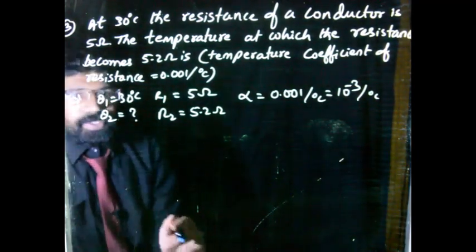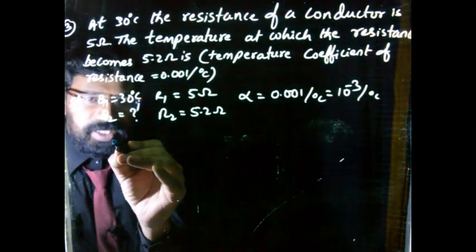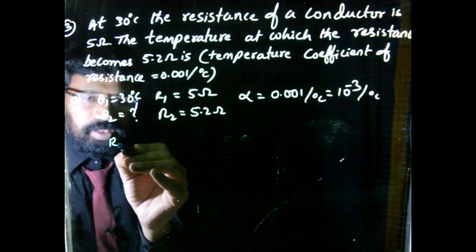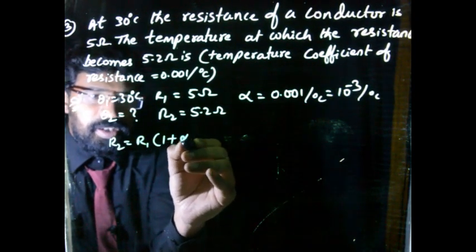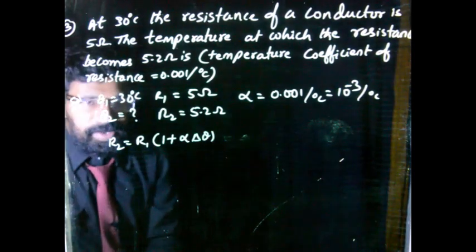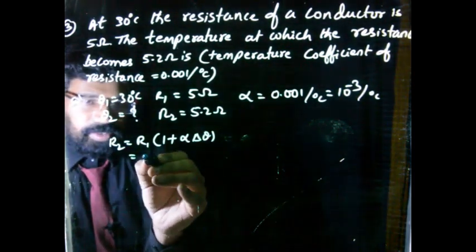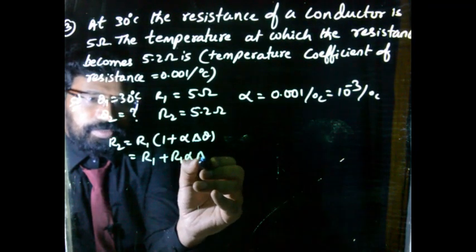Okay. So we have already discussed this theory. How do we write this? R2 is equal to R1 into 1 plus alpha delta theta. So this is how we write. Or let me simplify this: R1 plus R1 alpha delta theta.